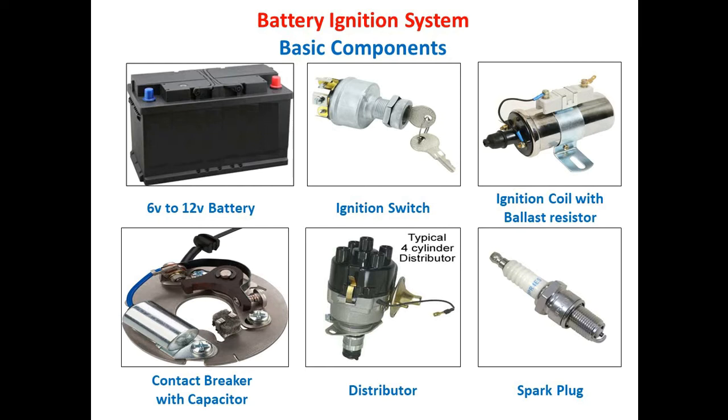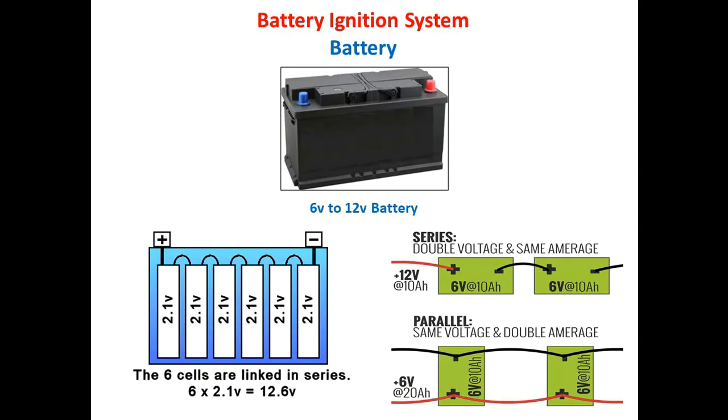And then at last we have the spark plug. The spark plug has two electrodes. When a high voltage is applied to these two electrodes, it produces a spark between the gap, which is the source of heat energy to initiate the combustion process. So these are the basic components with which an effective ignition system works.